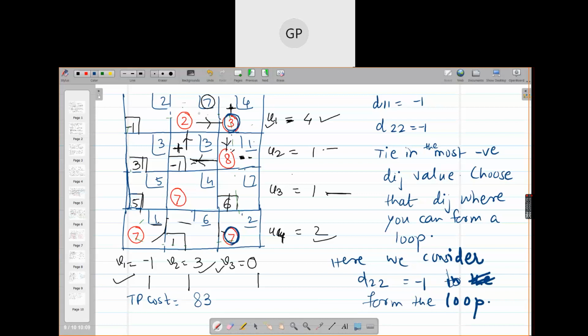Okay, so all of you can see this is the loop we have formed. We are considering this cell with -1 value. So here I am putting a plus sign. Do you understand it?